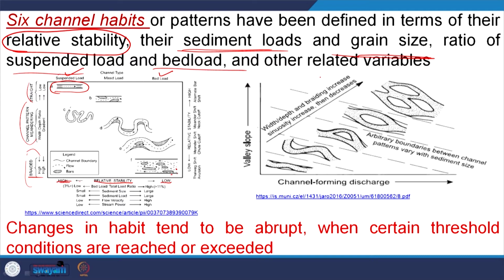For a particular channel, there is a bed load to suspended load ratio. If it exceeds the threshold limit, that straight channel will be converted to a meandering channel. Again, if it exceeds that limit, there is a transition, and finally it comes to a braided channel.